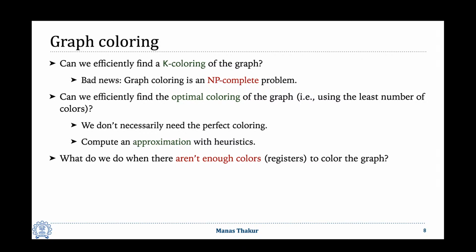So the next question is what to do when there aren't enough colors. So let's say I had a program, I had only 1 register available for this piece of code. What do I do? Here I was able to color this graph using 2 colors, blue and orange, or 2 registers R1 and R2. What if 1 register was already occupied for some other live variable which I can't remove?